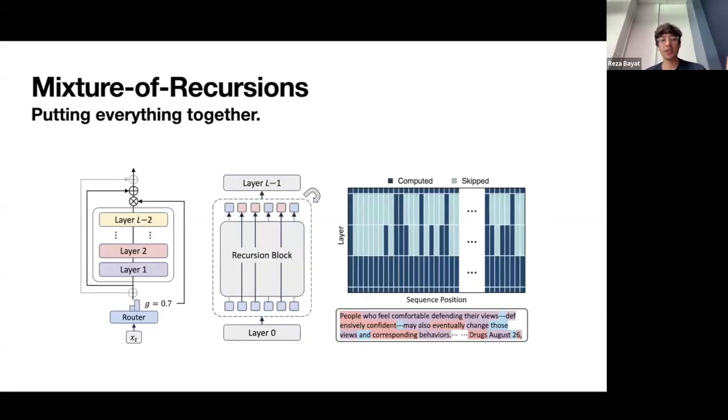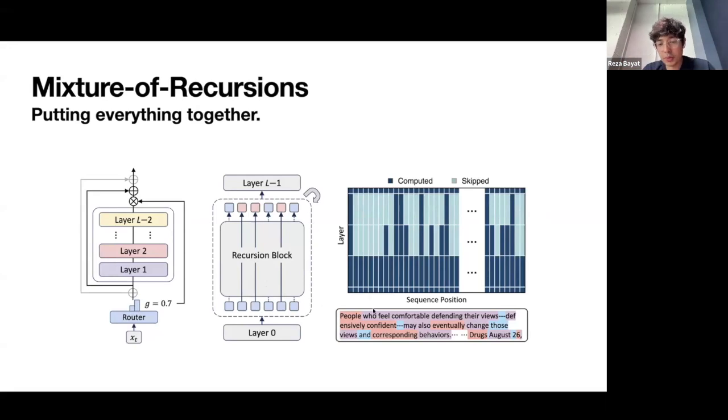And putting everything together, we come up with this architecture. We have a router to select the important tokens to do the computation, and we have a mixture of these recursion steps based on each token, and then we have early exiting inference.